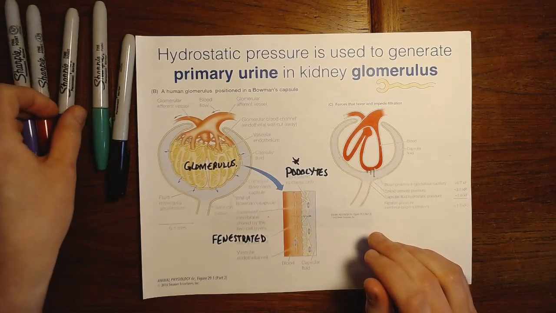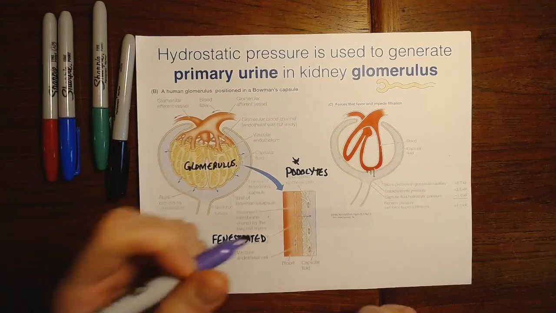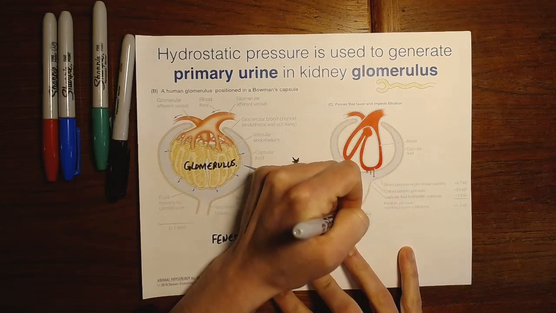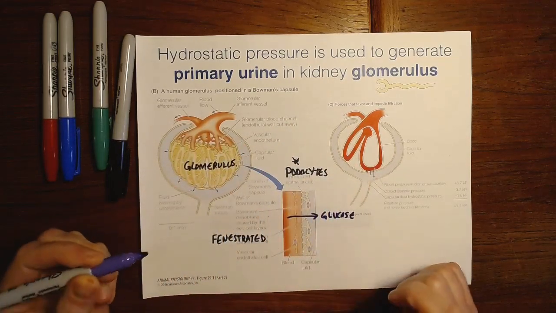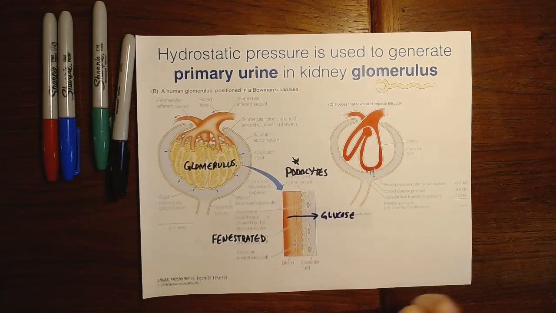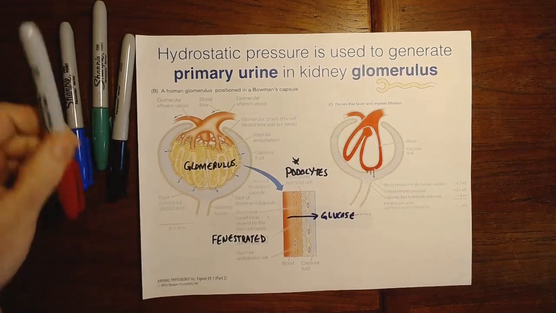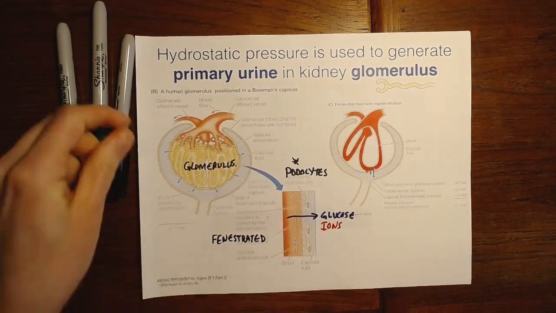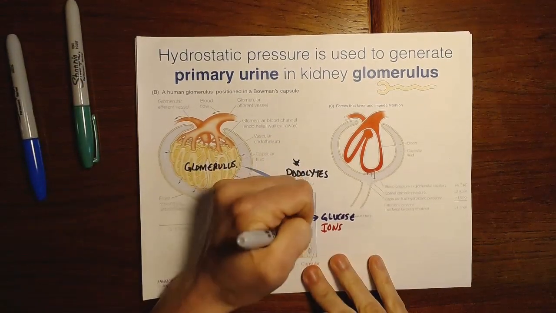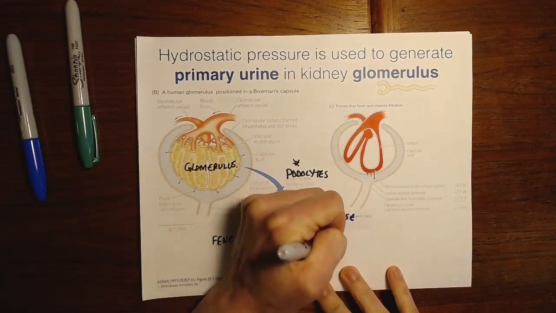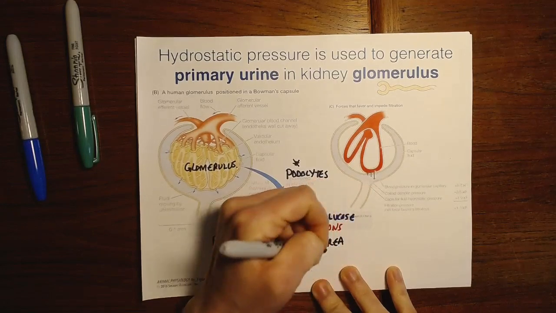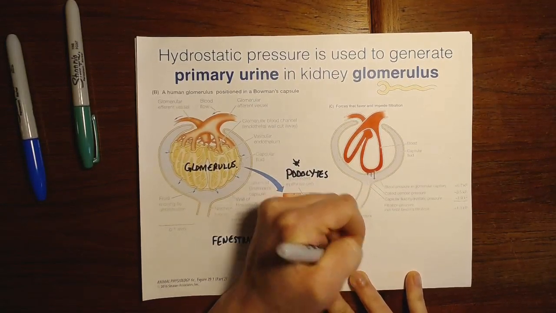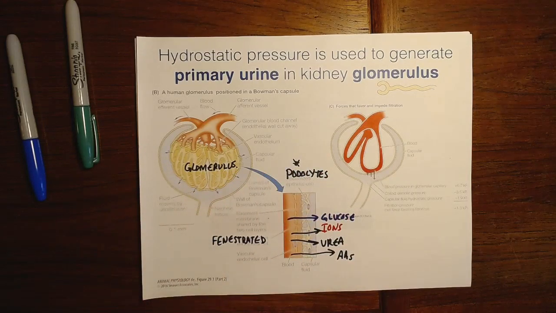And so in general, molecules like glucose, and then also inorganic ions, and then urea, and free amino acids can move freely in with the filtered fluid.